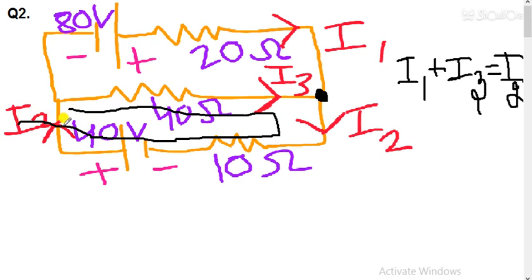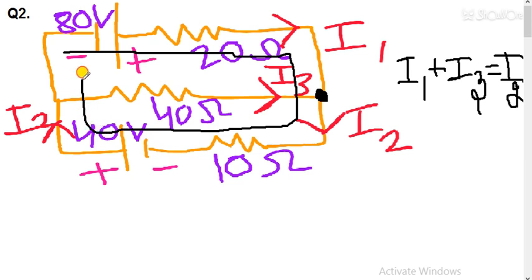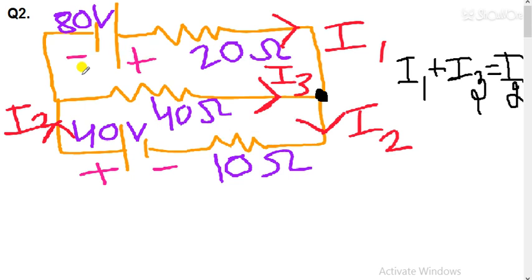So this is loop 2. Then this is loop 3, starting from here and moving here. So basically, if more than 2 loops are there, then you have to use both the laws. You have to use KVL also and KCL also, because only with the use of KCL can you find the current.